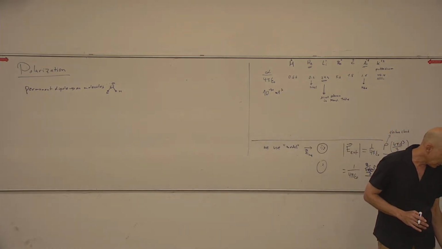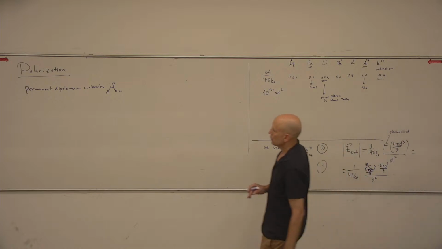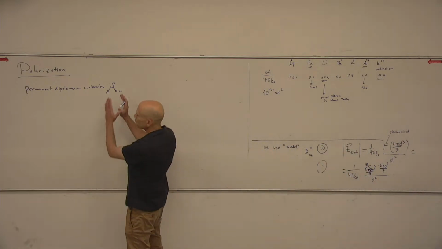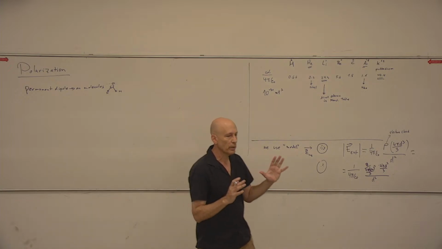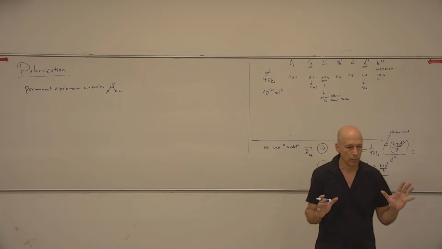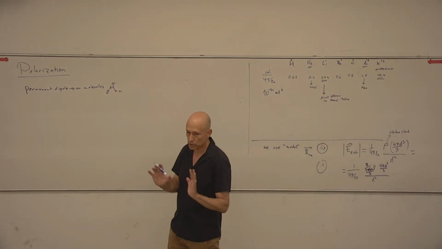So what will happen? Microscopically, this molecule has a dipole. But when you have many water molecules together, does it have a dipole? The answer is generally, under normal conditions, with no external field, the answer is no.